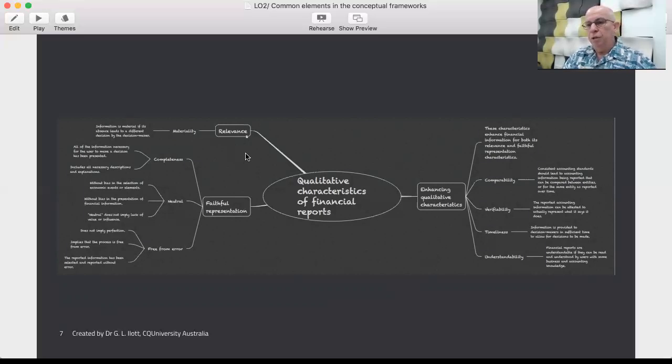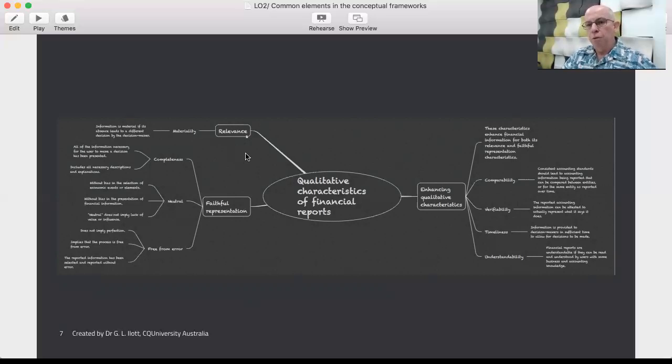We want to make sure that the information provides a faithful representation of the entity. And we do this by requiring that financial reports are complete. In other words, that they contain all of the information needed within that reporting period and only the information from that reporting period. We expect that the reports are neutral, so they're free from bias.